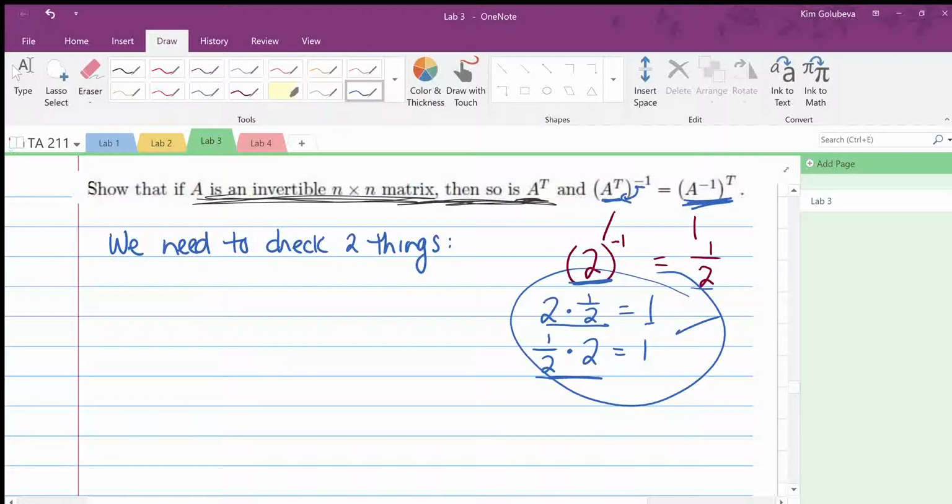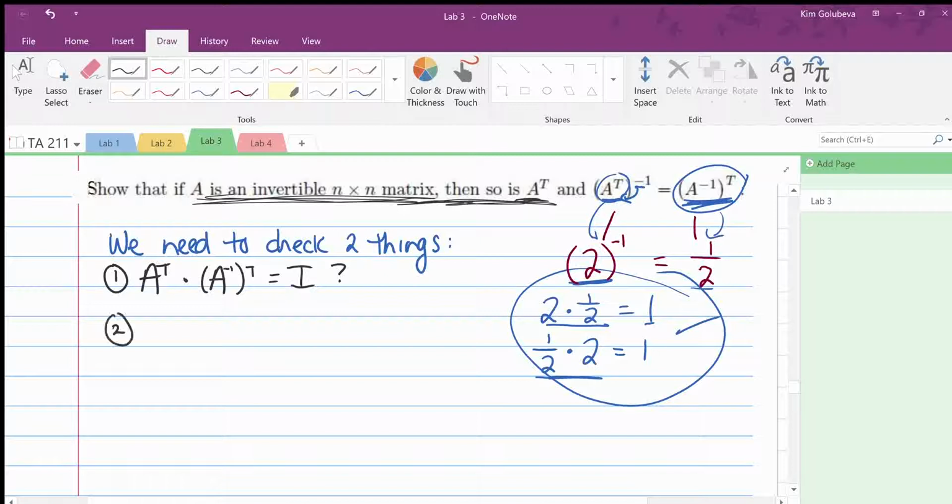Like we said, our A transpose in this case is like our 2, and this thing here is like our 1/2. So we're going to check if A transpose times this thing here, A inverse transpose, gives us the identity. Is that true?